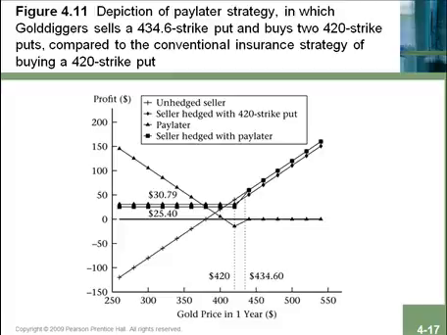This is a little bit unusual and is an example of a type of ratio spread. The result, however, comes down to another one of those trade-offs. It results in a higher profit slightly if the price of gold goes up, but a lower profit if the price of gold goes down.